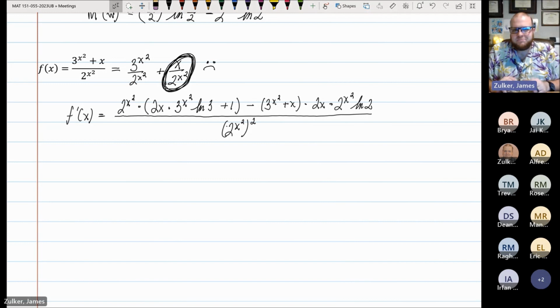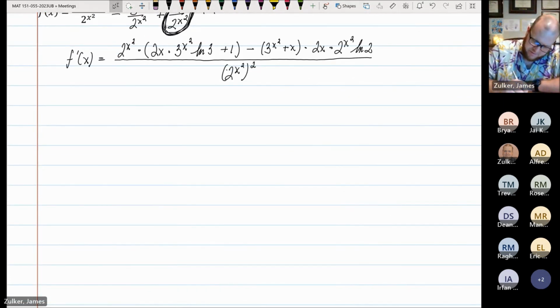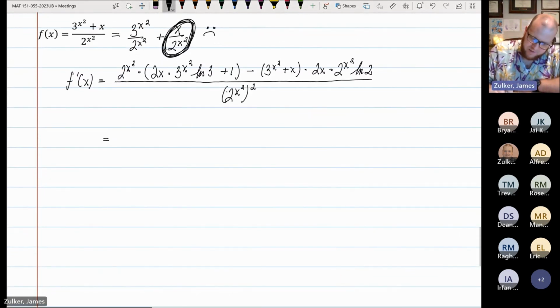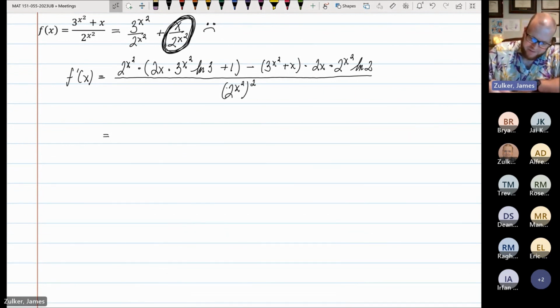Let's do some algebra. There's a 2 to the x squared common. So let's factor it out of the numerator.